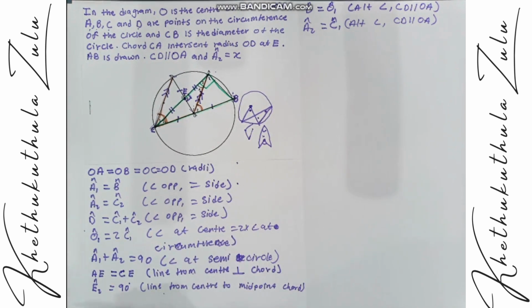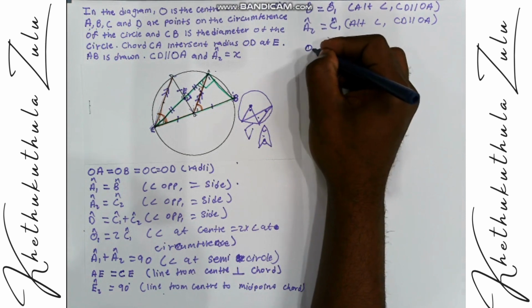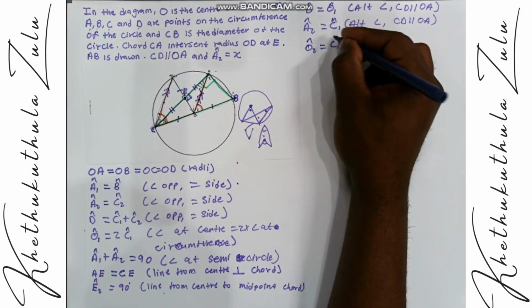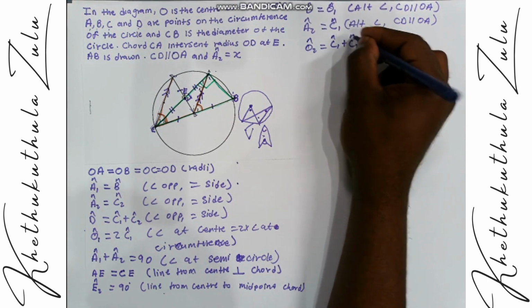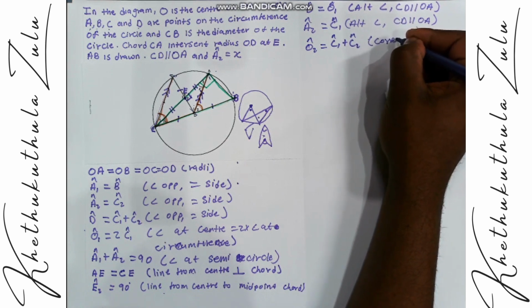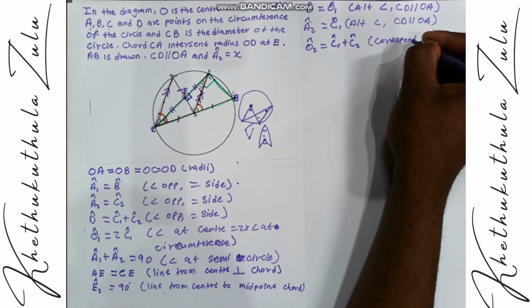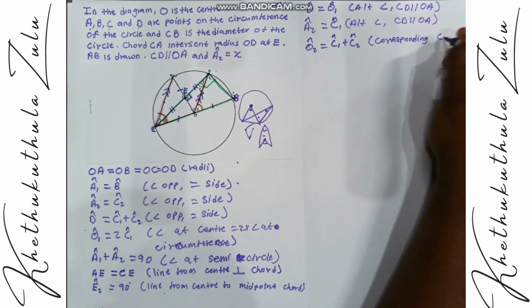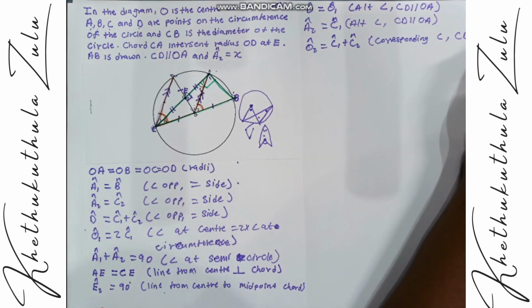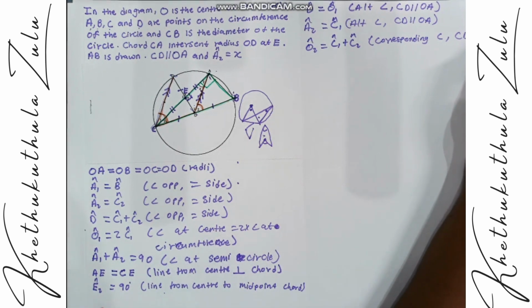I hope you see that one, where O2 is just going to be equal to C1 plus C2, which is just what? Corresponding angles. Corresponding angles. Why? Because you see CD is parallel to OA. I hope you're seeing that one. I hope I don't miss anything from here.